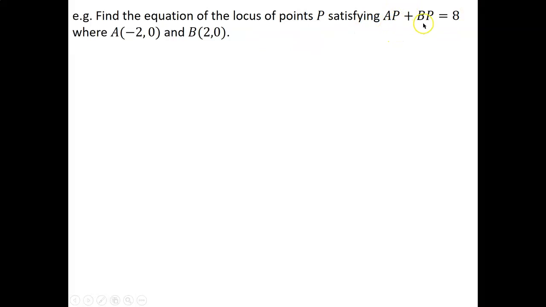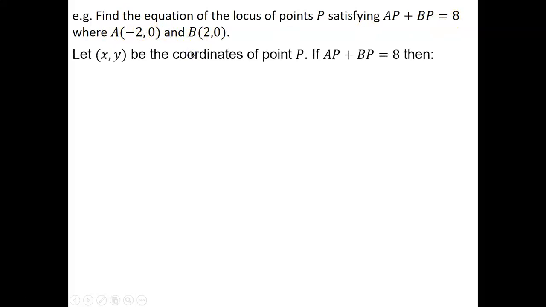Okay, so let's have a look at finding equations of ellipses given information. Here I've got AP plus BP equals 8. These are my points A and B. So if x and y are my coordinates of P, and I have this sum, then using the distance formula, I can say this. So that comes from x subtract negative 2 all squared, y subtract 0 all squared, and so on.